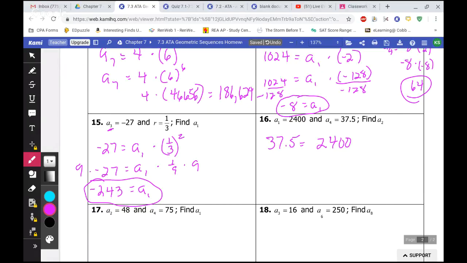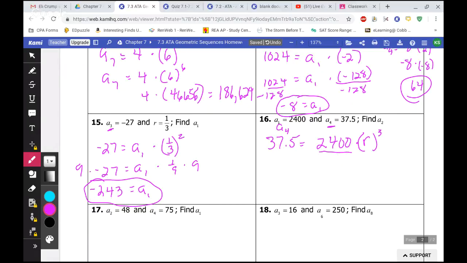What we know here is that that's the fourth term, but we don't know the common ratio. So this is going to be times the common ratio, and if we're setting it equal to a sub 4, the fourth term, then this is going to be raised to the third power, because it's one less than where the term is. But the value of the term is 37.5.